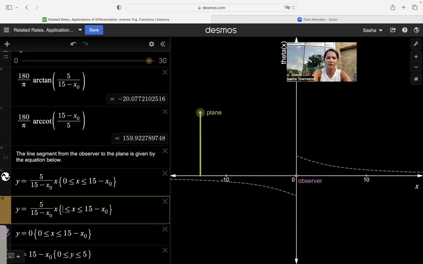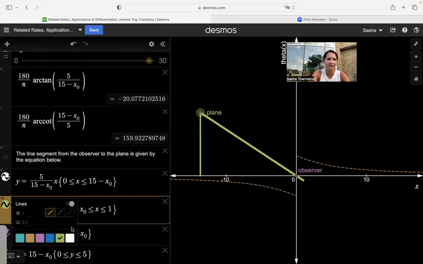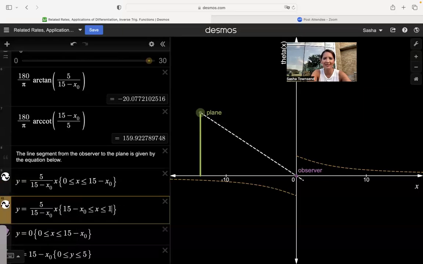But my x's are going to go from 15 minus x naught to 0. There we go.